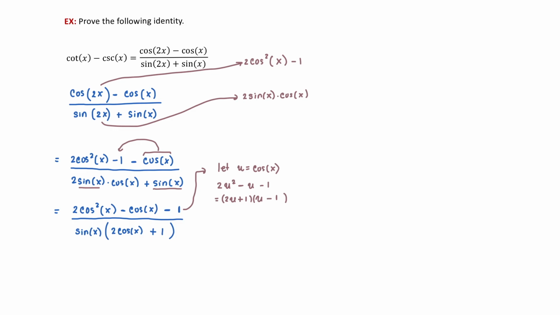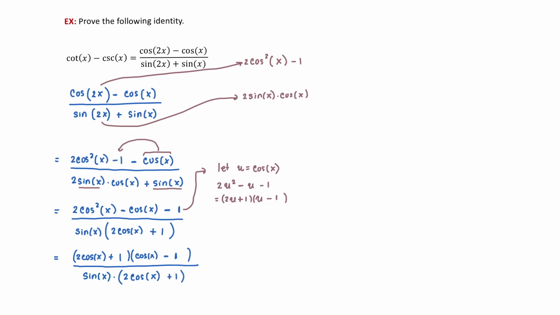So now that I have factored, I can come back and replace u with cosine. That means that these are my two factors: 2 cosine x plus 1, and here cosine x minus 1, and all this will be divided by sine x times 2 cosine x plus 1.